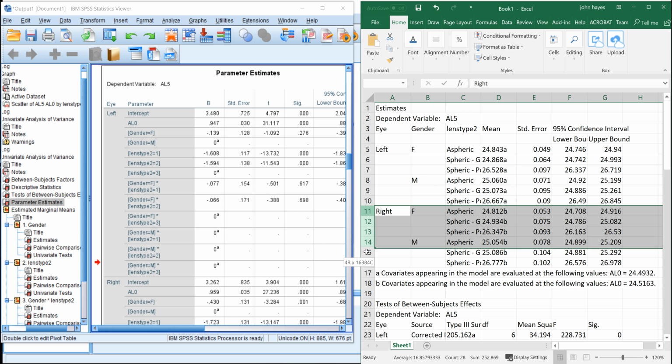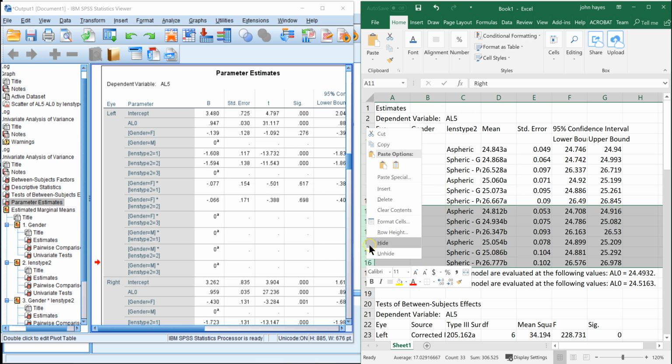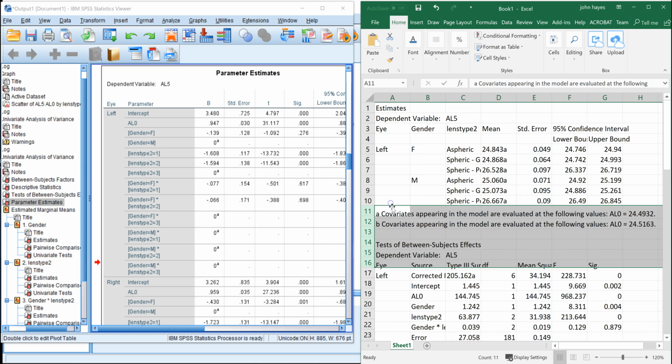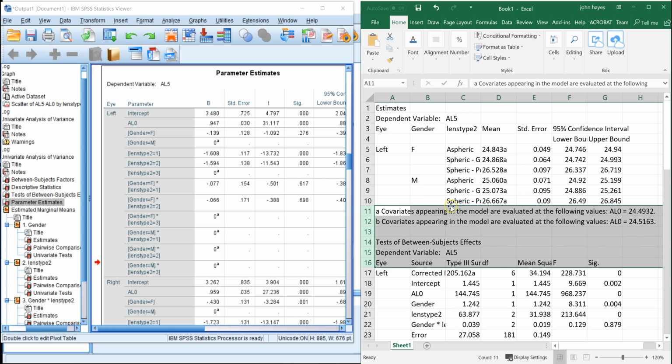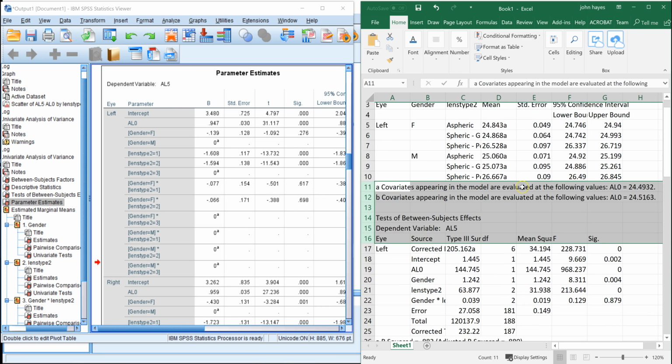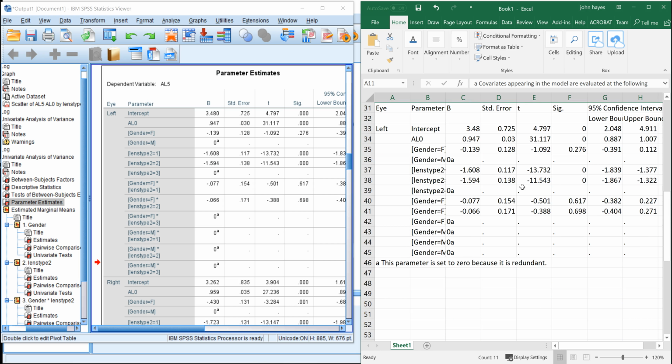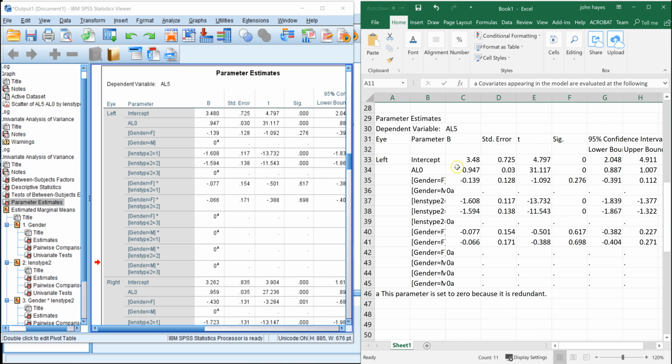And here we go. All right, so now our question is, how do we compute? This is the model. If you think of a regression, it's y equals a plus bx.